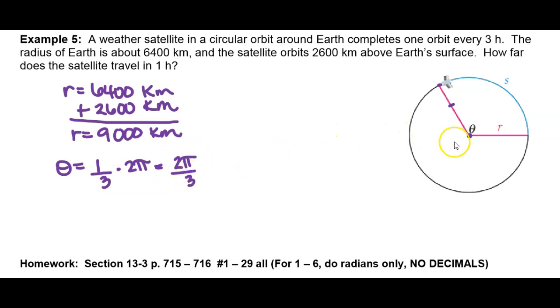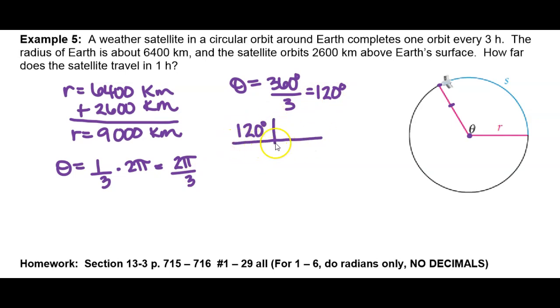Another way to think about this is if you were going once around the circle, that is 360 degrees, you're only doing 1/3 of that because it's 1 hour, not 3 hours. So if you divide by 3, that's 120 degrees. So we know that 120 degrees is equivalent to 2 pi over 3. So if we started off with 120 degrees, we would have to take that measure and convert it to radians.